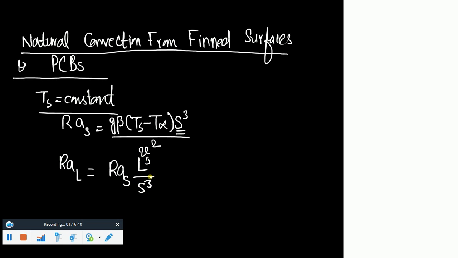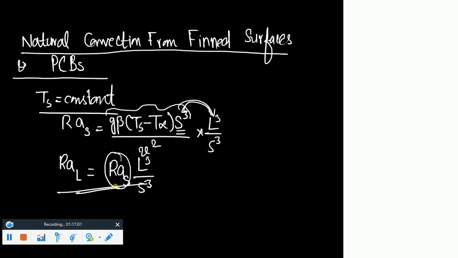How? If you just multiply it with L cube over S cube, this would become Rayleigh number based upon length. So that's how you can get Rayleigh number based upon length.